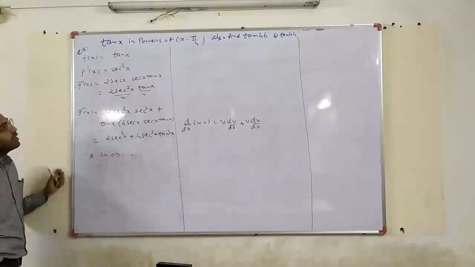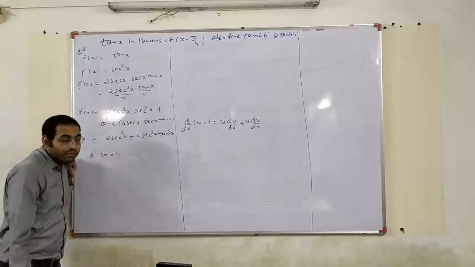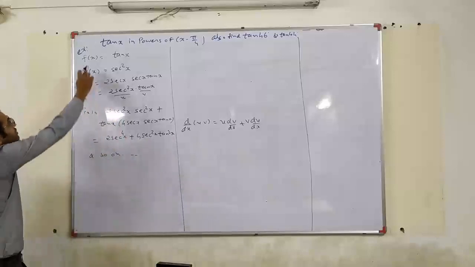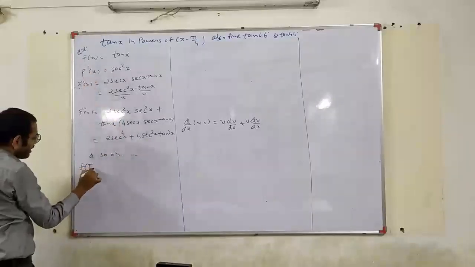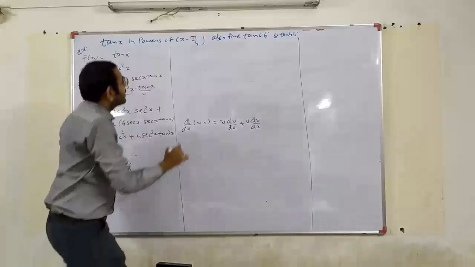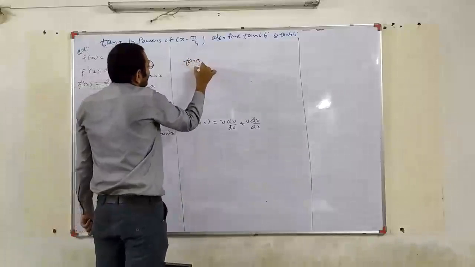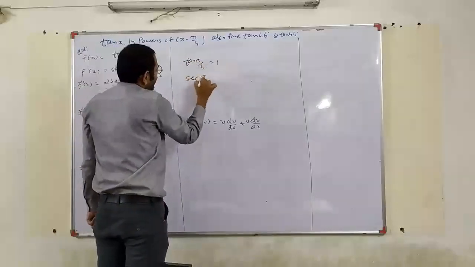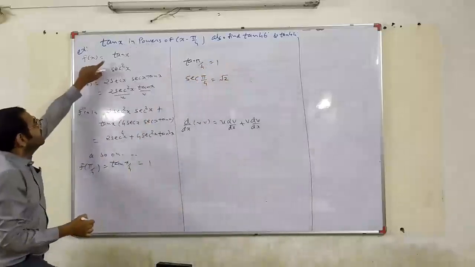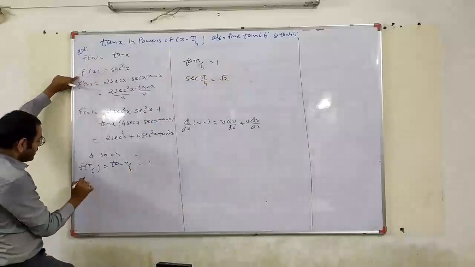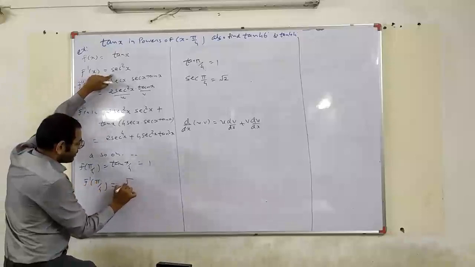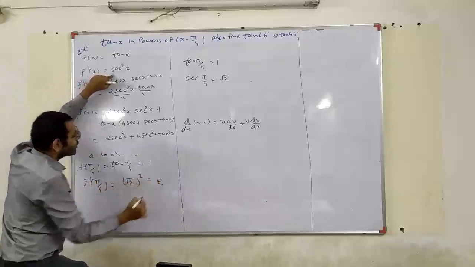Now, in powers of x minus pi by 4, our position is pi by 4. Then substitute the values of f of pi by 4: tan pi by 4 is 1, and sec pi by 4 is root 2. Substituting, tan pi by 4 is 1, f dash of pi by 4 is sec square, root 2 whole square, so we get 2.